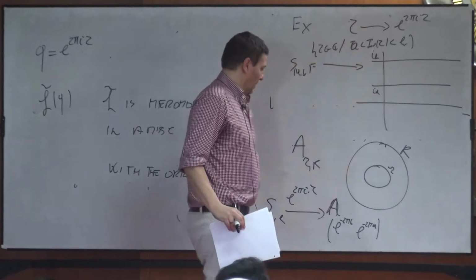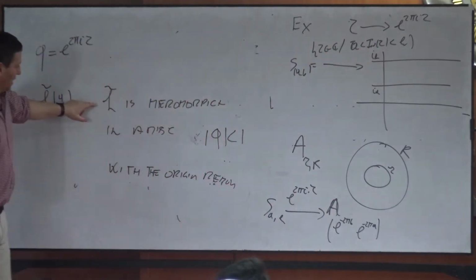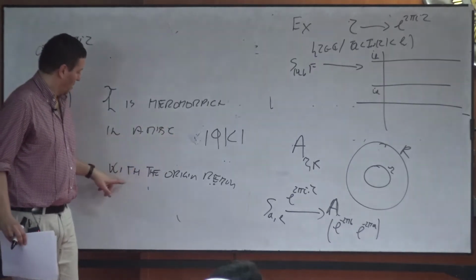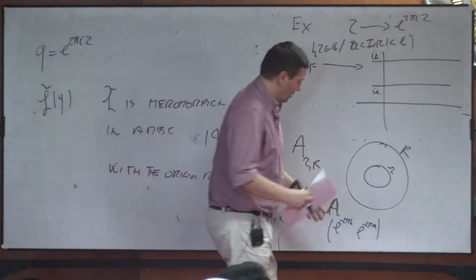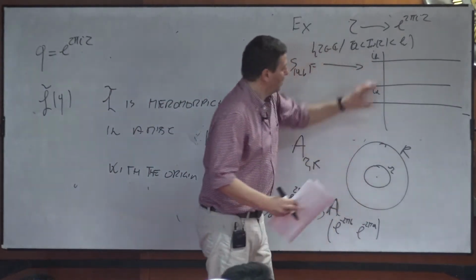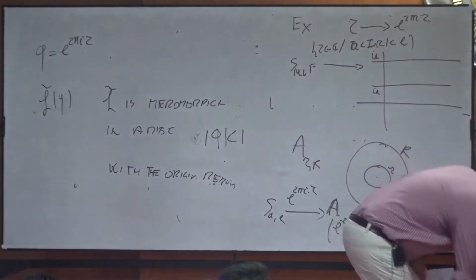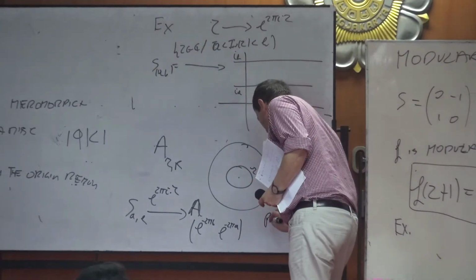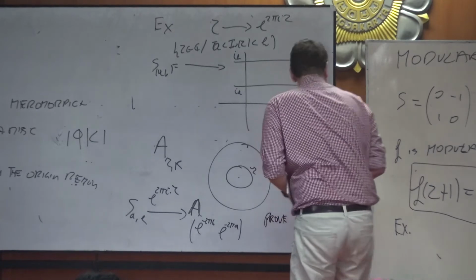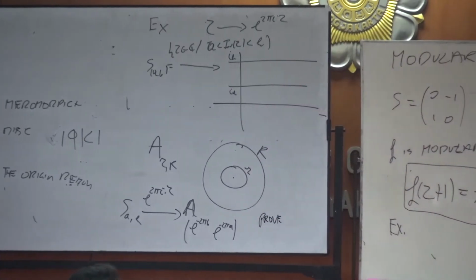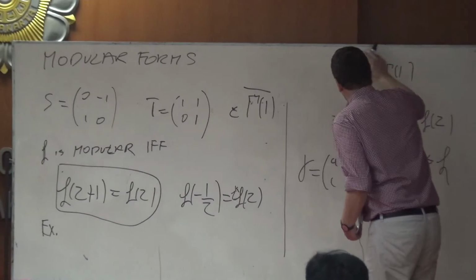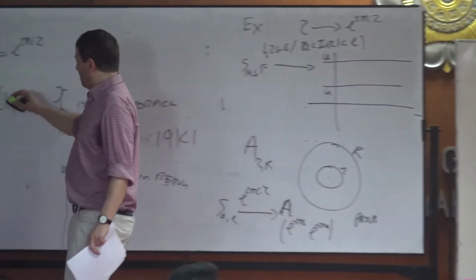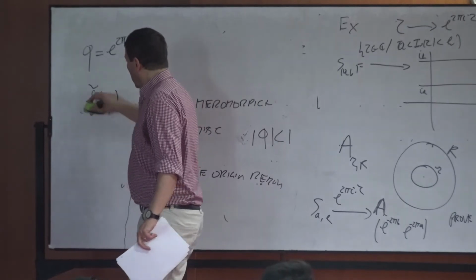It never gets to 0, and that's why f tilde is meromorphic in this disk with the origin removed. This one also you can prove. So the behavior of f at infinity is going to be the behavior at 0 of this f tilde.